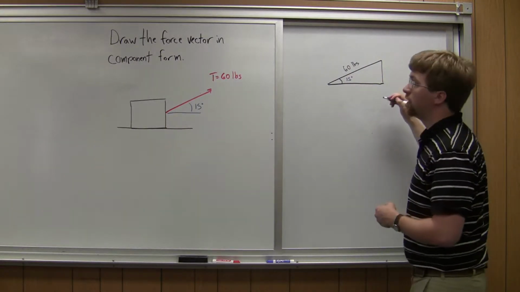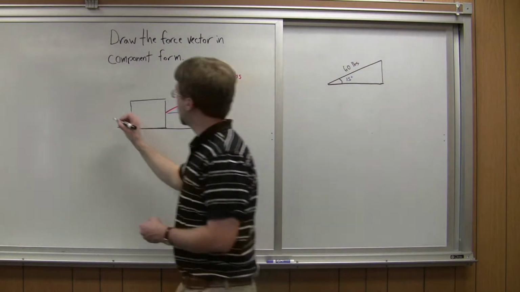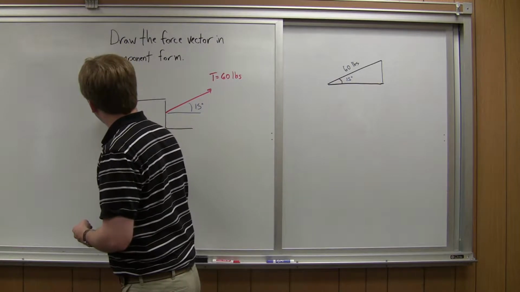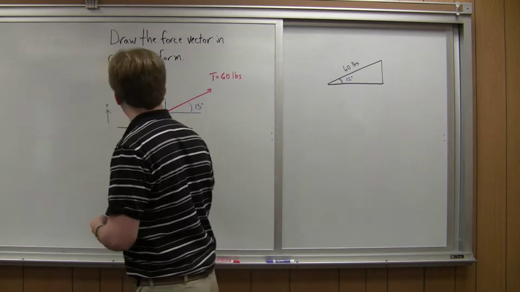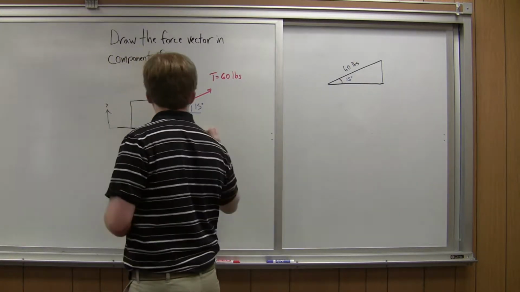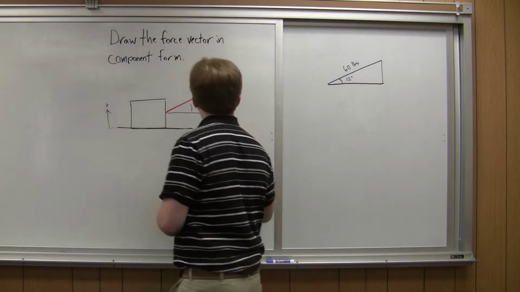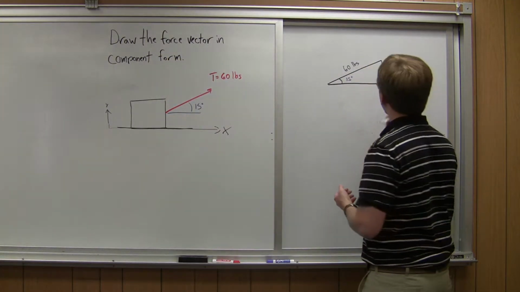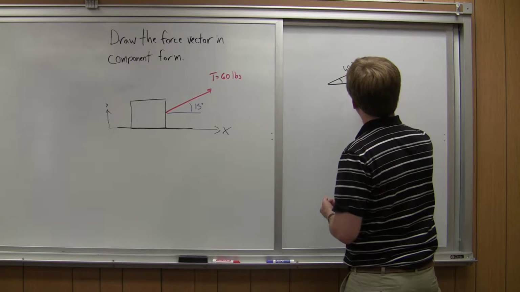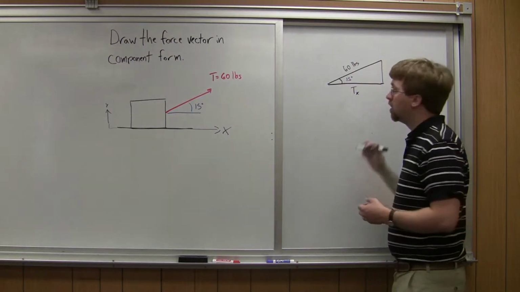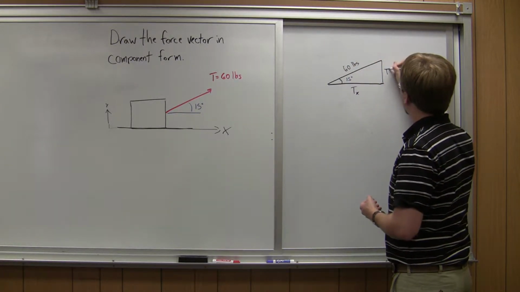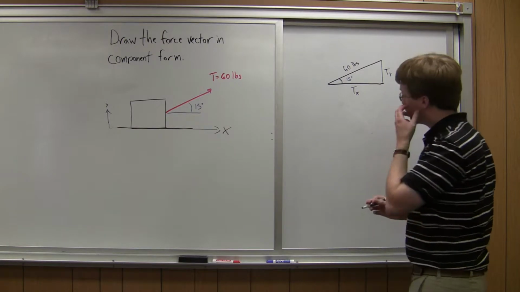And then if I draw my x and y axes, y, and x would go out this way. So x is going to be horizontal, so this is going to be t sub x, and this part right here, the vertical part, is going to be t sub y.